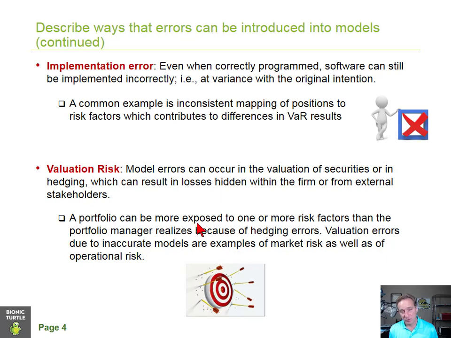A portfolio can be exposed to one or more risk factors than the portfolio manager realizes because of hedging errors. Valuation errors due to inaccurate models are examples of market risk as well as operational risk. So obviously this reading is assigned in Part 2, Topic 7.